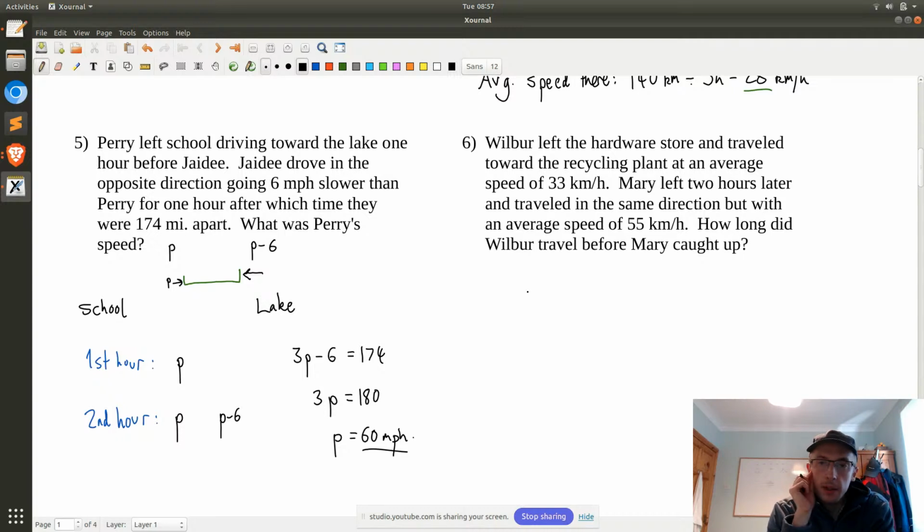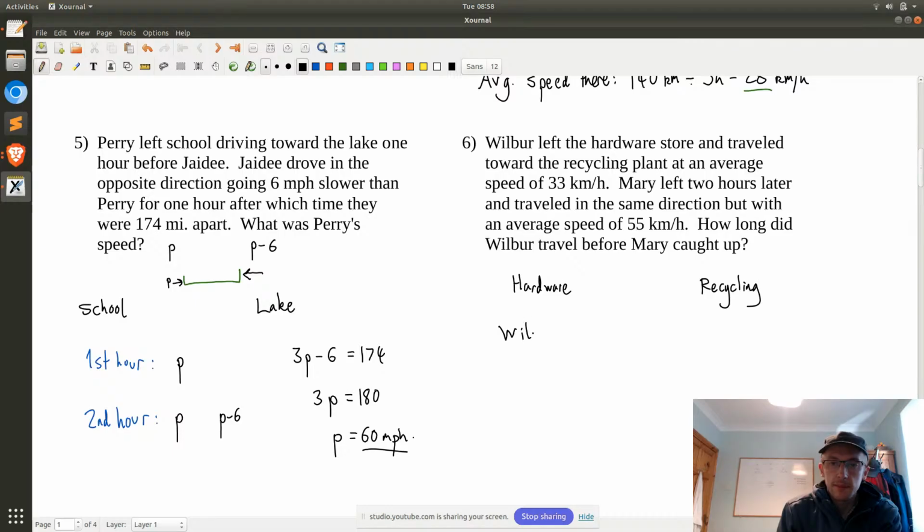So, Wilbur left the hardware store and traveled toward the recycling plant at an average speed of 33 kilometers an hour. So I write hardware for the hardware store. I write recycling for the recycling plant.